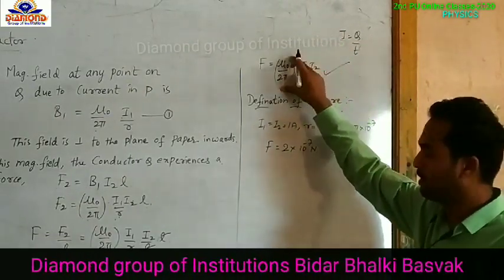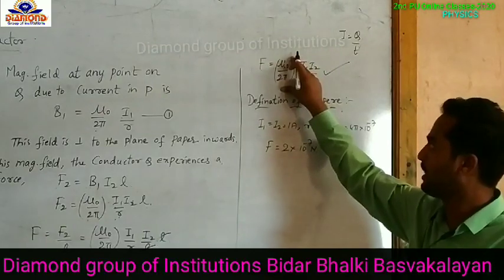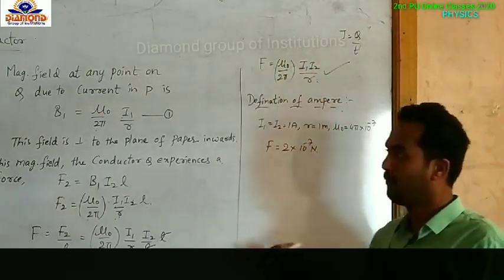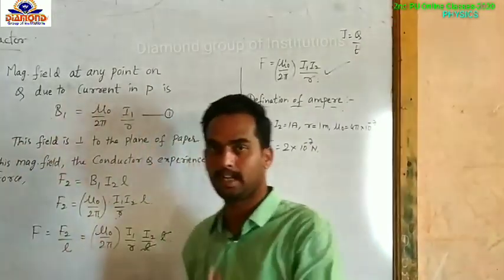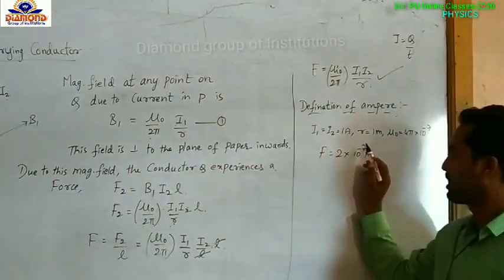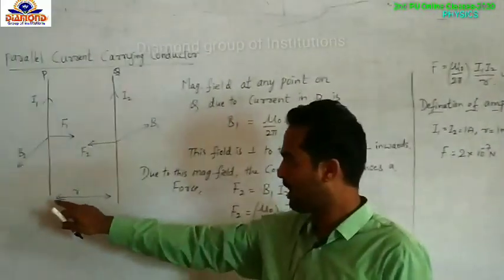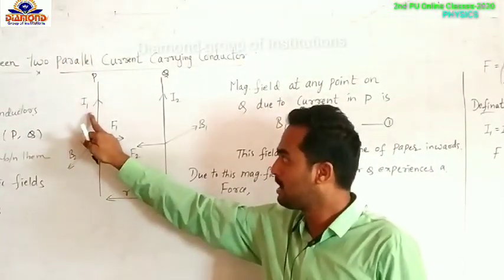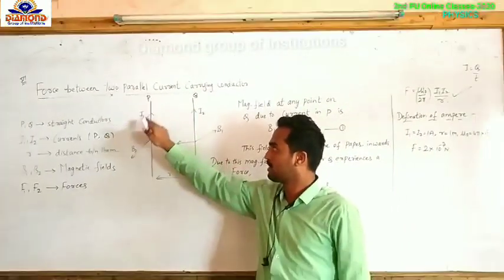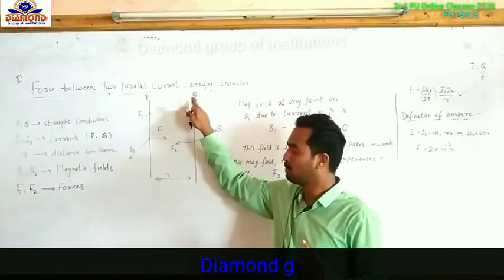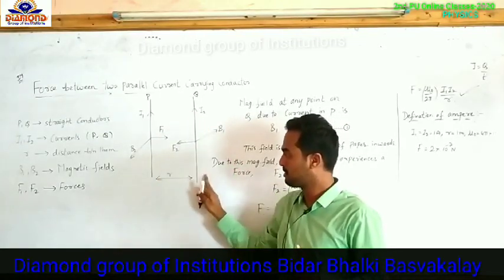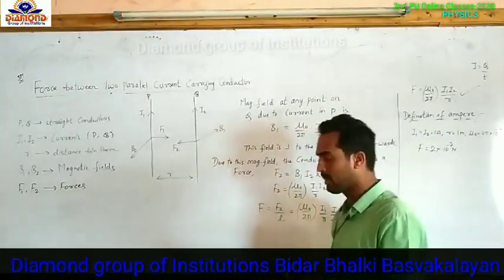But according to this formula, we take the current through each conductor as 1 ampere and the distance between the two conductors as 1 meter. So the current through conductor P is 1 ampere, the current through Q is also 1 ampere, and the distance between them is 1 meter.